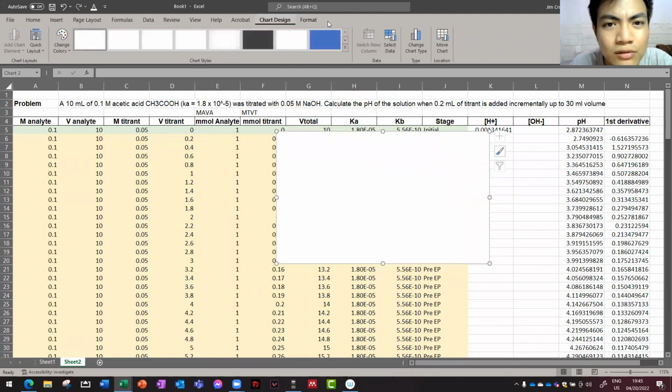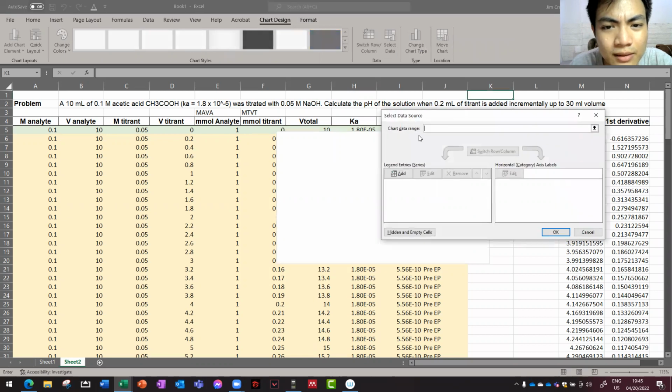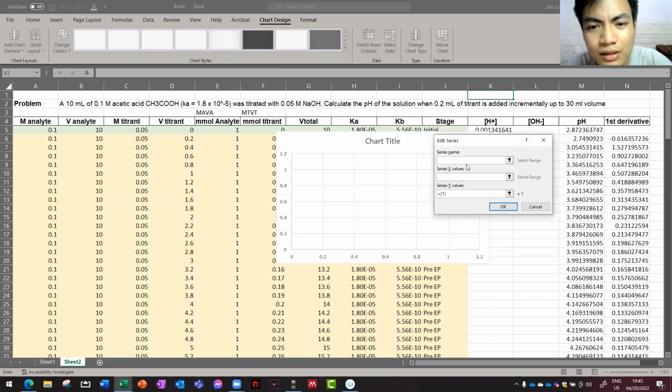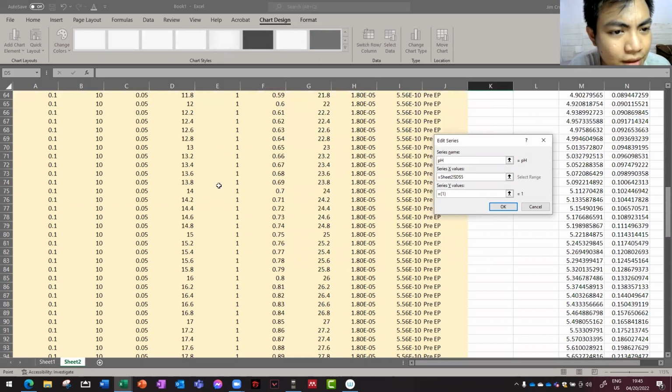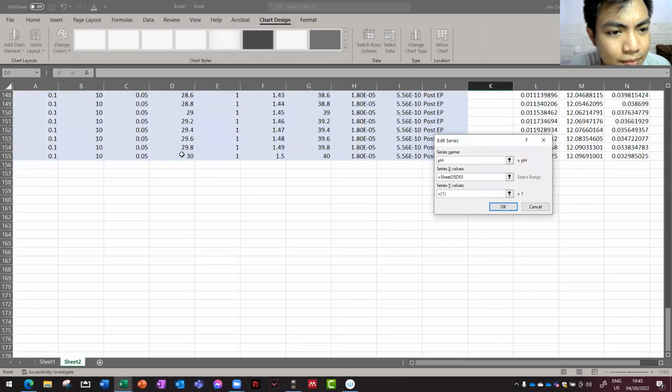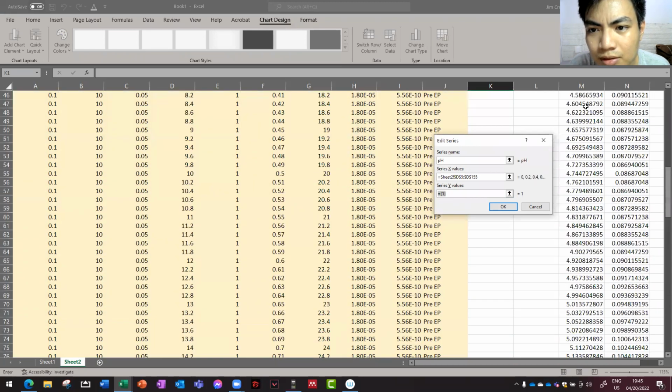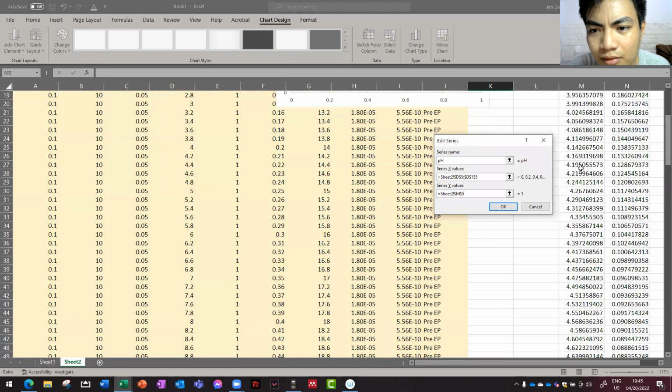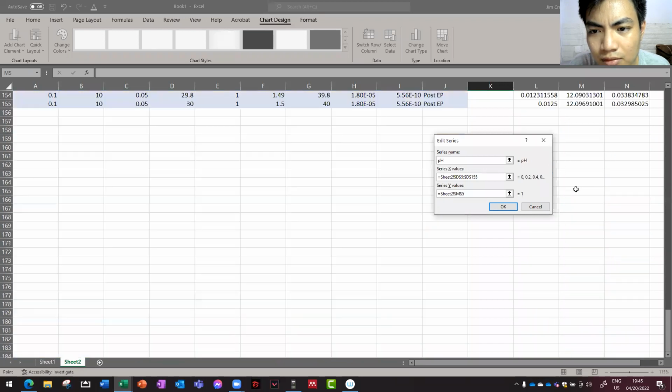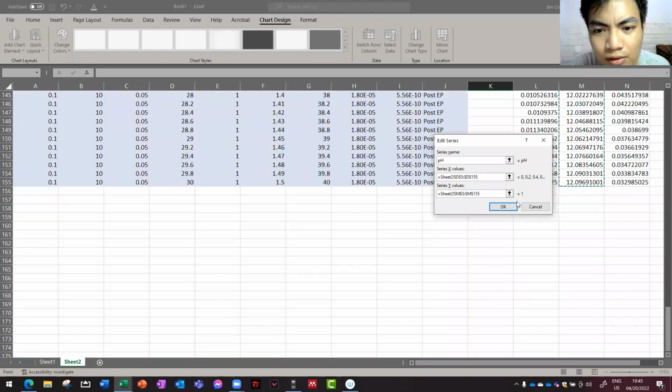Just like earlier, go to chart design, select data, add an entry. So this is pH. So for the X values, that's the volume of the titrant. Select everything. And then for the Y-axis, it's the pH. So you begin here and then select everything down, press shift so that you can select all the cells.